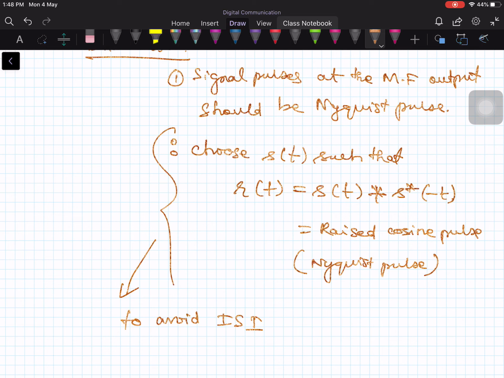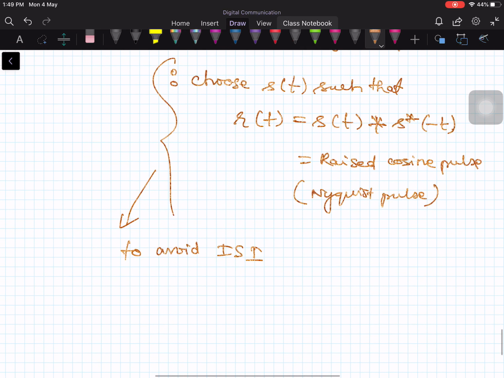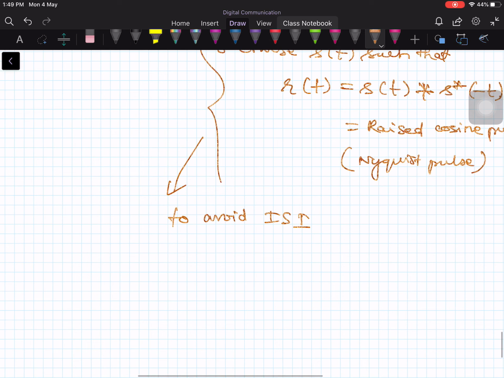In that way we should choose the signal pulse shape for antipodal signaling. And one more point we assumed here that I did not mention: we did not consider channel distortion.